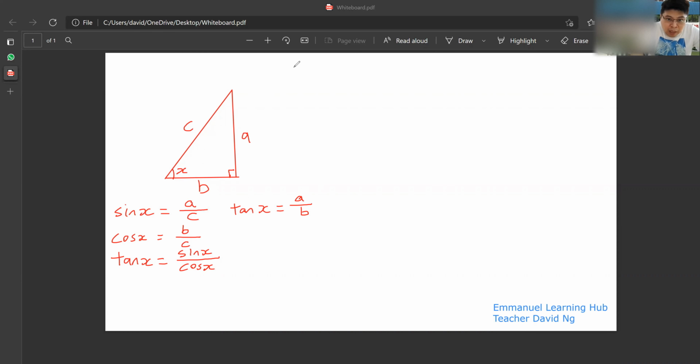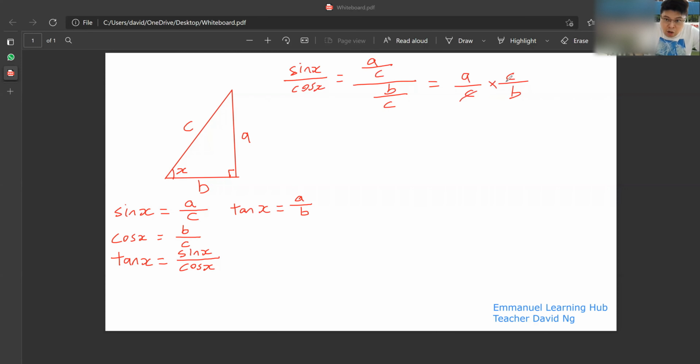So if I were to use my sine x, I'm going to divide by my cosine x. My sine x is A over C, and I'm going to divide by my cosine x, which is B over C. So I have this equation here. Dividing by a fraction is actually multiplying by the reciprocal of the fraction below.